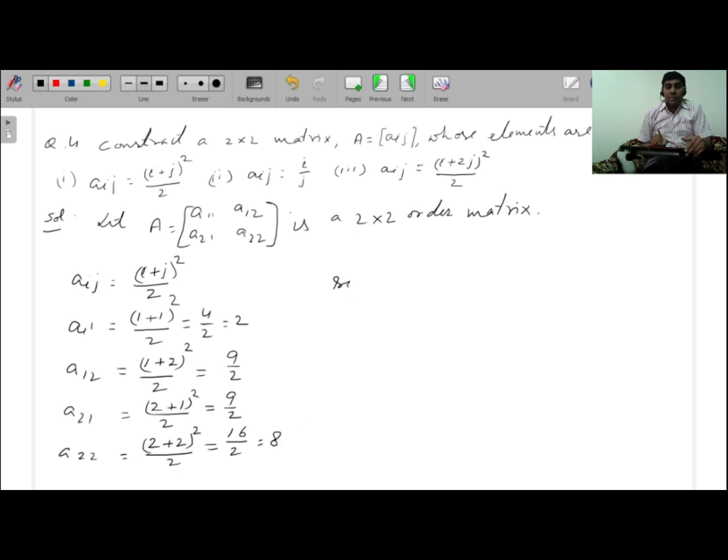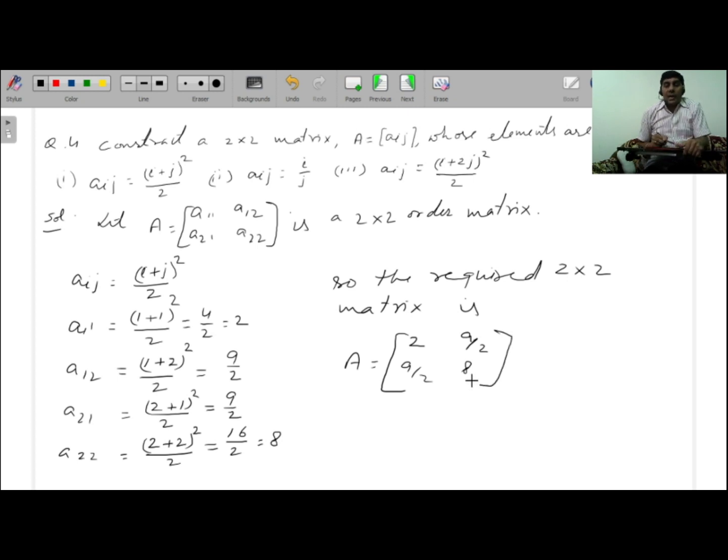So, the required 2 by 2 matrix is A equal to [A11 is 2, A12 is 9 by 2, A21 is 9 by 2, and A22 is 8], which is the required matrix of order 2 by 2 satisfying the condition aij equal to (i plus j) whole square divided by 2.